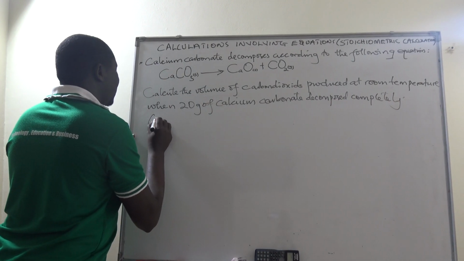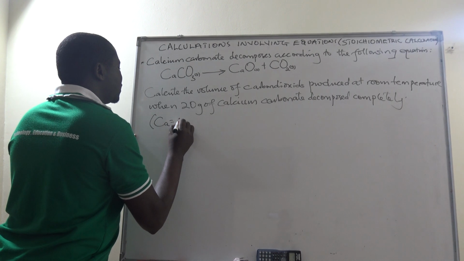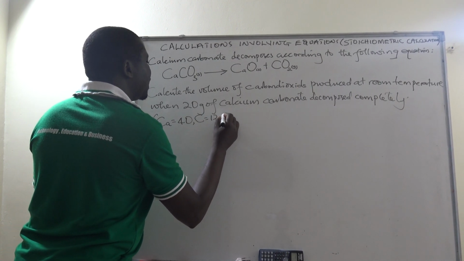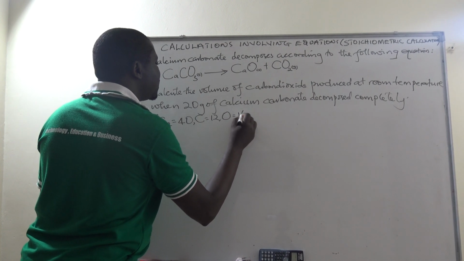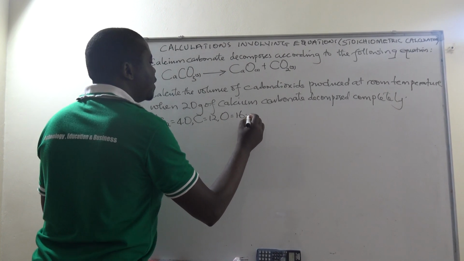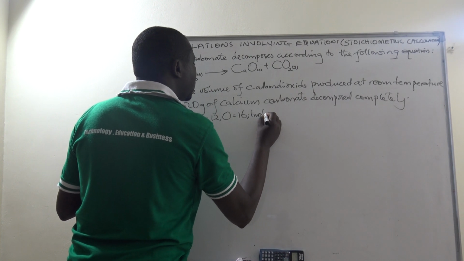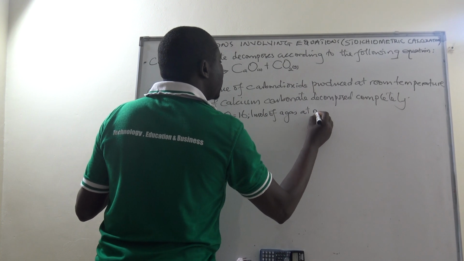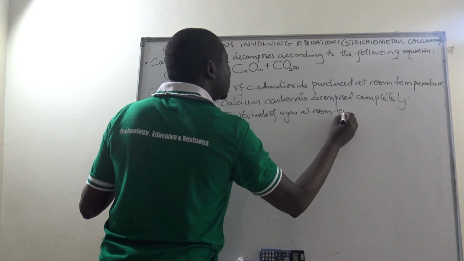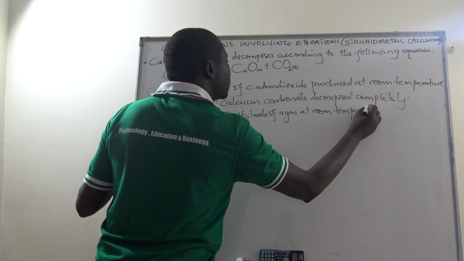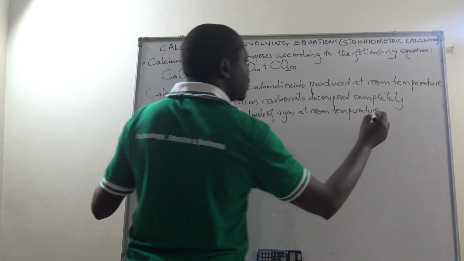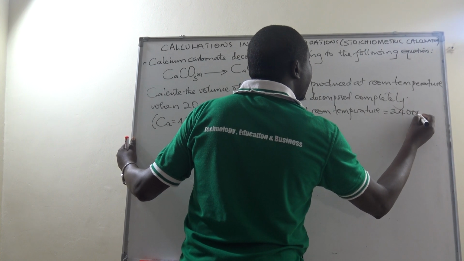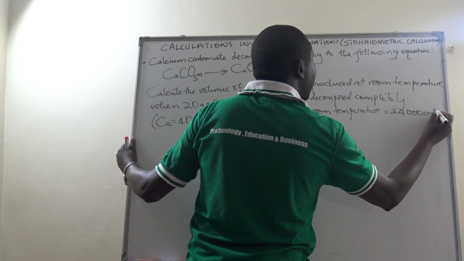given that the relative atomic mass of calcium is 40, the relative atomic mass of carbon is 12, the relative atomic mass of oxygen is 16, and then 1 mole of a gas at room temperature has a volume of 24,000 cubic centimeters.